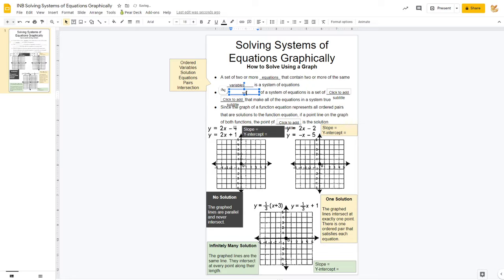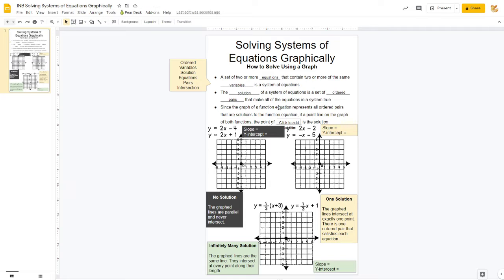The solution of a system of equations is a set of ordered pairs. I was going to say coordinate plane, but that's what we're going to graph on. Ordered pairs that make all the equations in the system true.